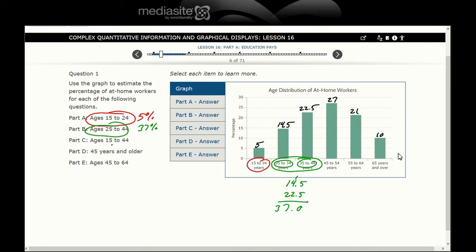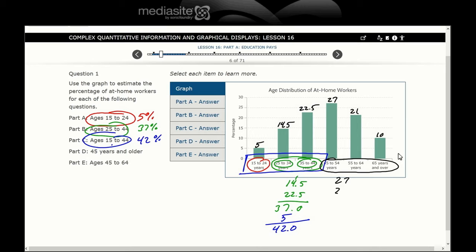15 to 44. Whoa. All three of those numbers, all three of those categories combined. 45 and older. 45 and over. 27, 21, 10, 8, 2, 4, 5.